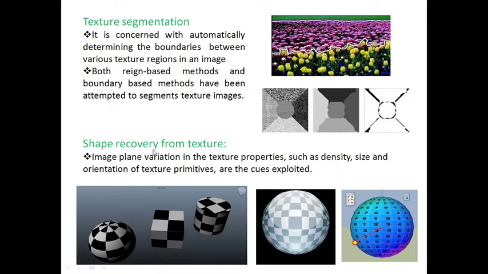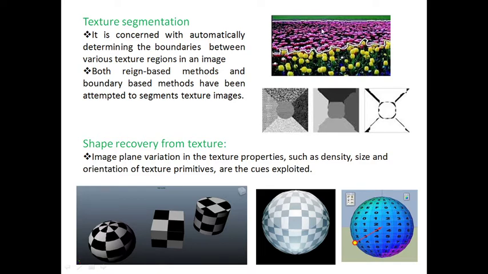The next one in texture analysis is texture segmentation. It is basically concerned with determining the boundaries between the various textures present inside an image. Inside my image I have two families of flowers, one yellow and one pink. Both are different regions inside an image.